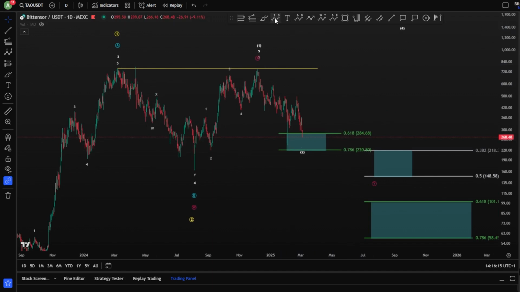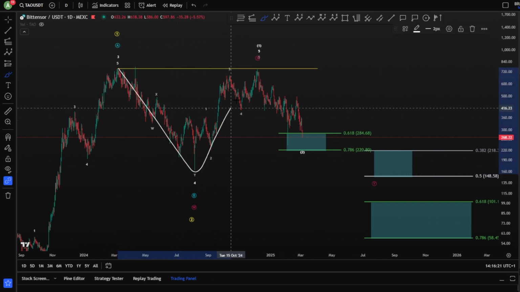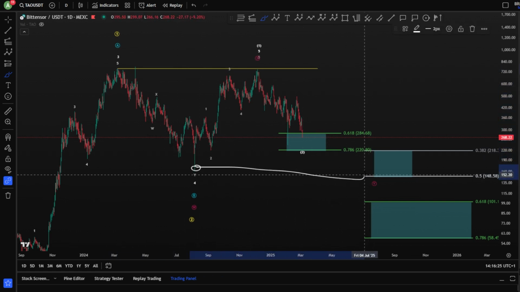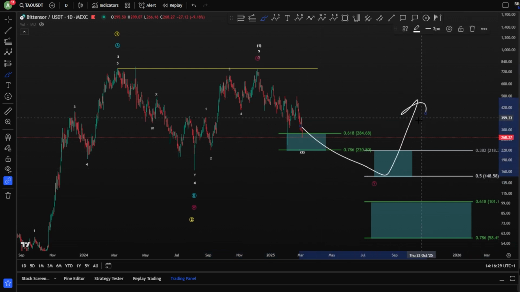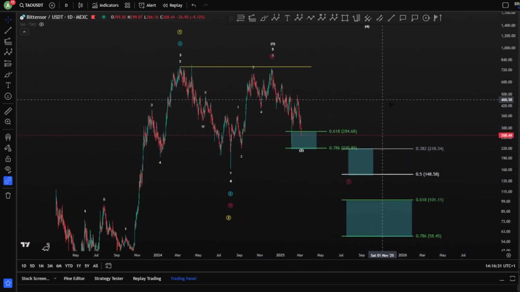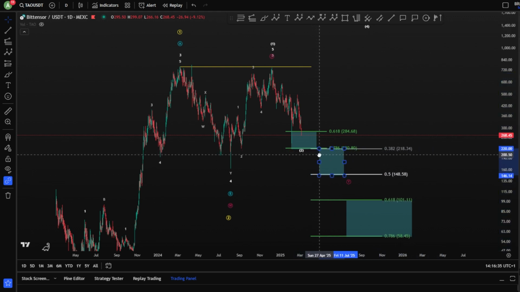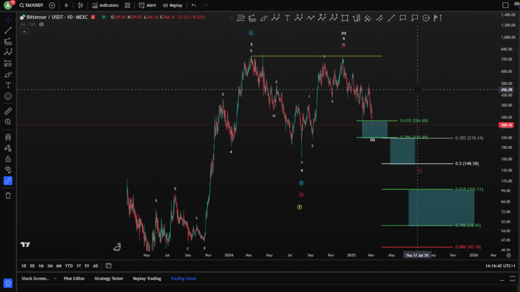Is it the first blue box as 1, 2, and 3, 4, 5 toward the upside, or a bigger 1, 2 like this, by taking the low here at 0.5, testing the price action, and then moving higher? Which one is it gonna be? And of course, guys, this can definitely be to this area there. So here we go. Which scenario is gonna play?